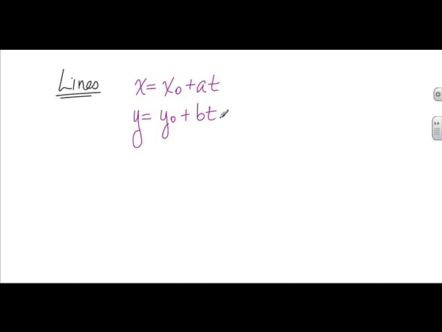Now, if I take that general form and solve my x equation for t, I say x minus x sub 0 is equal to a times t, and then x minus x sub 0 all divided by a equals t. And then I take that expression and put it in the y equation in place of t.